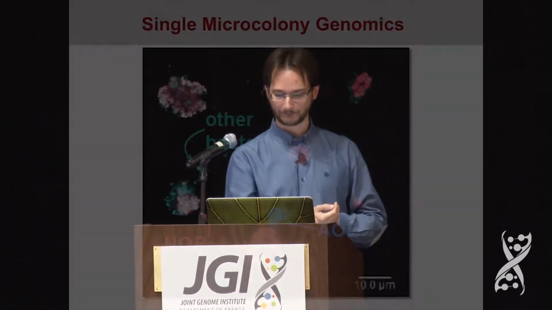Why microcolonies? Because basically these microcolonies are, let's say, clonal clumps of microorganisms of a single strain. So if we isolate one microcolony, we have a higher chance of a nice genome coverage of this certain strain, because it's a number of cells, a natural amplification of the genome.